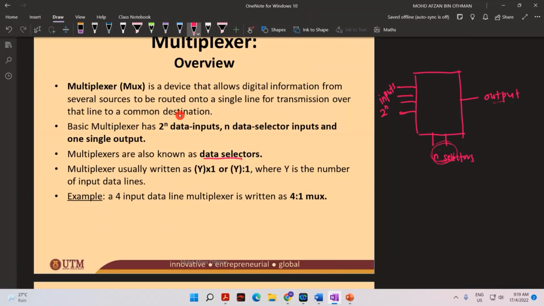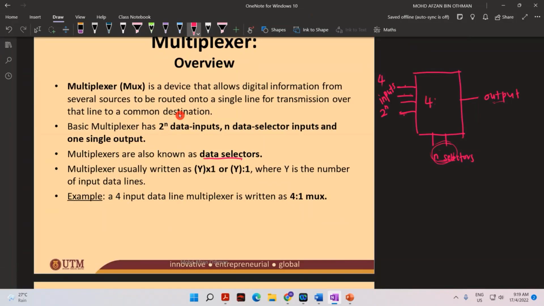A multiplexer is usually written as y:1, where y is the number of input data lines. For example, if you have 4 input data lines, the multiplexer is written as a 4:1 MUX, meaning you have 4 inputs here: 1, 2, 3, 4.